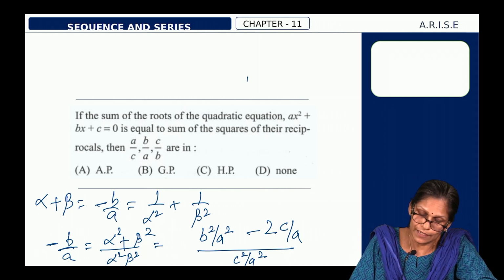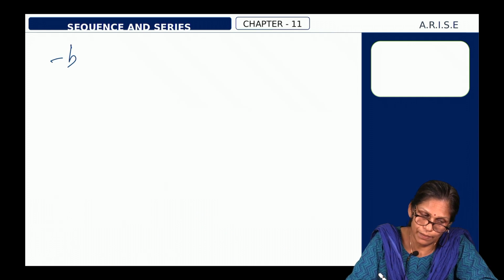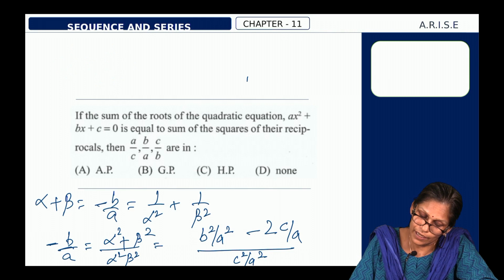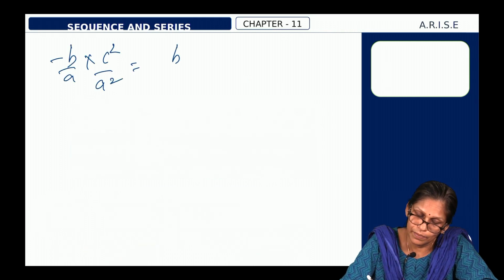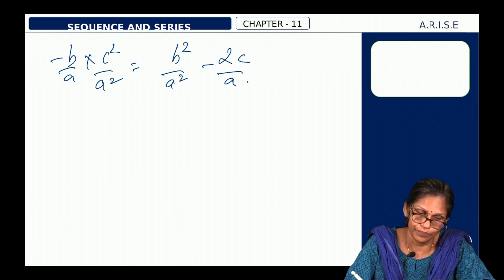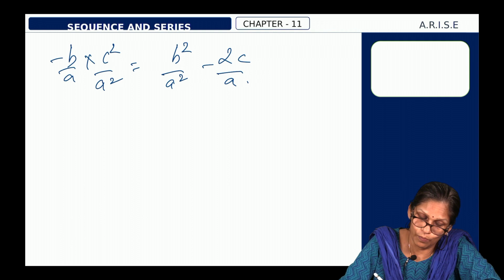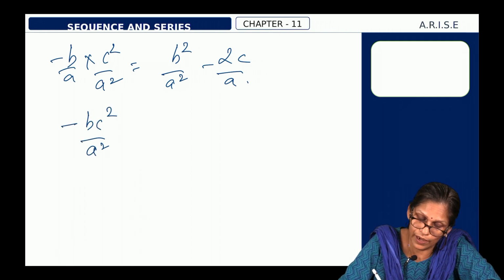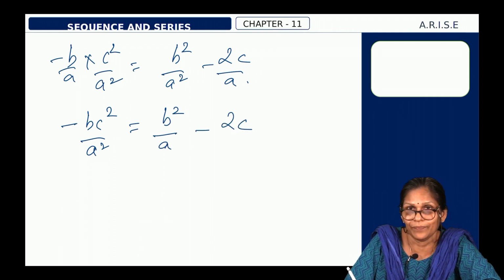So, cross multiply, you have minus b by a into c squared by a squared is equal to b squared by a squared minus 2 times c by a. Now, you can cancel throughout by a, you have minus bc squared by a squared is b squared by a minus 2c.